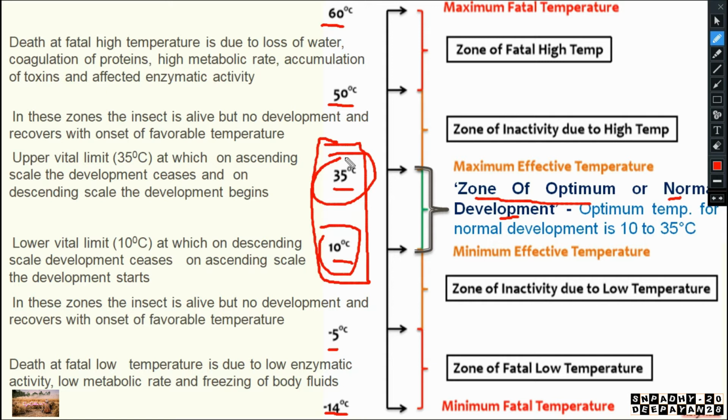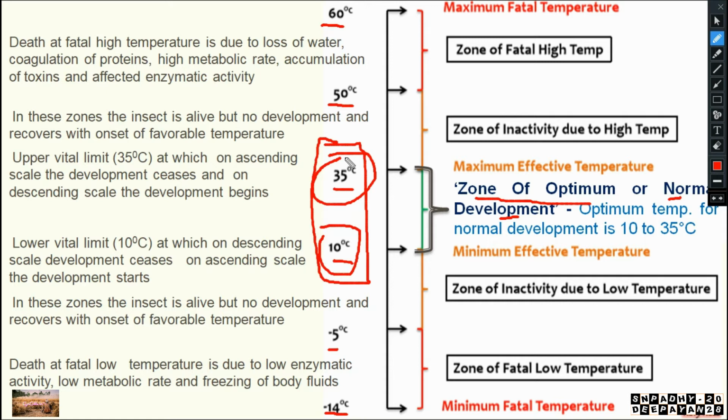Now we will understand some terminologies related to that. First of all, what is the zone of optimum or normal development? What do I mean by that? In this zone the normal survival, growth and development of the insect will be totally optimum, neither highly accelerated nor slowed down. They are given an optimum temperature in which they undergo normal growth and development.